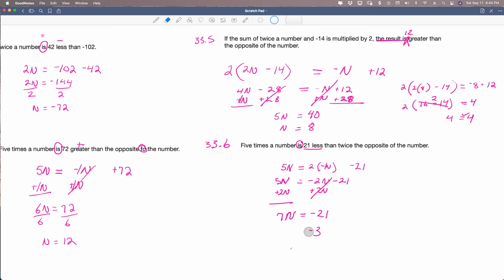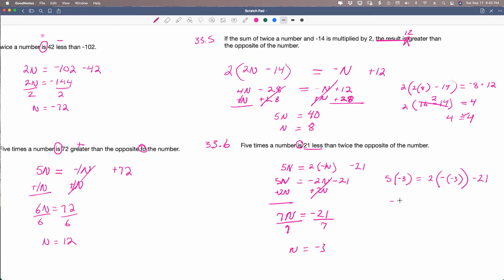Sorry, I didn't write that out. We divide both sides by 7. Then n is equal to negative 3. And let's check it. Let's just make sure. So 5 times negative 3 equals 2 times a negative 3 minus 21.